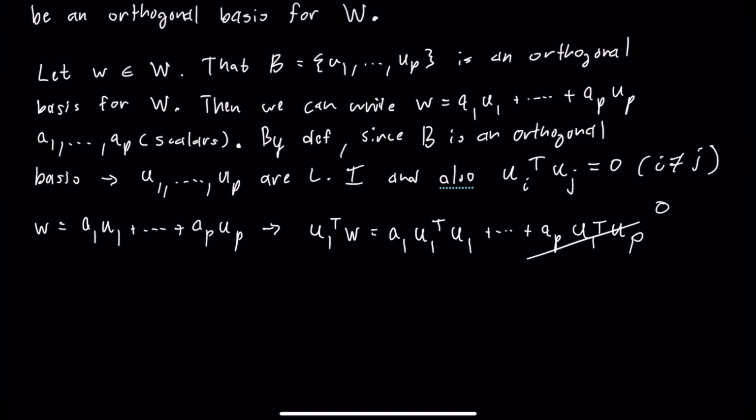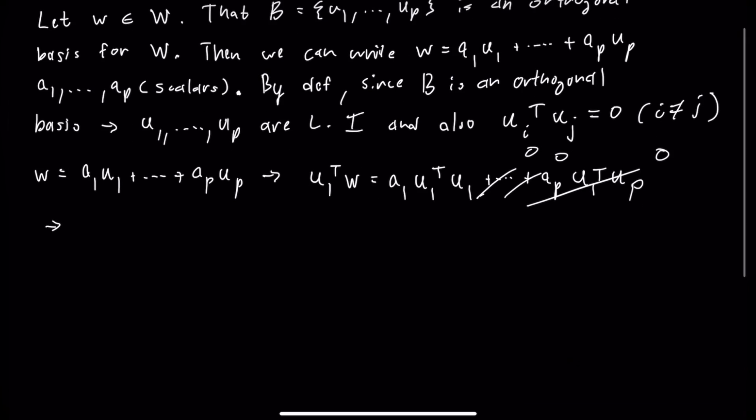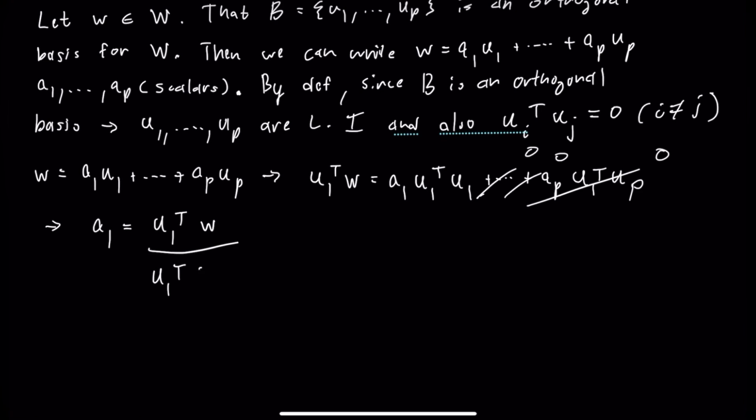And now we could solve for A1. Notice that in the sum, all of these will end up collapsing. So our coefficient A1 is U1 transpose W over U1 transpose U1.